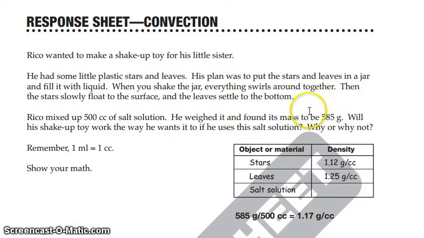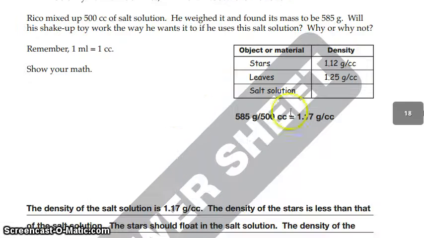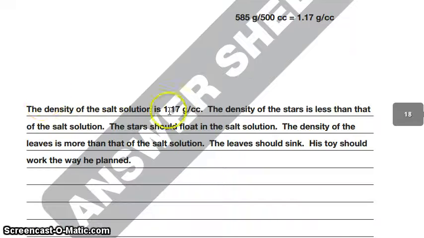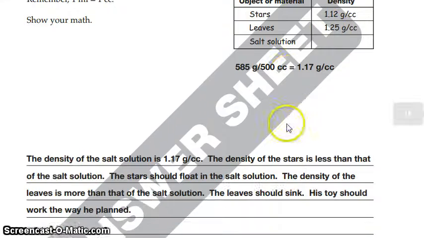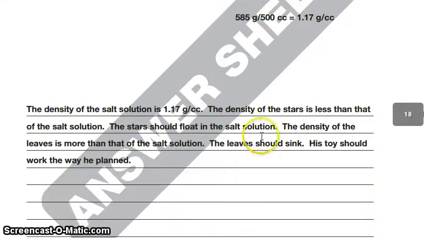When we divide the mass 585 by the volume 500 milliliters, we get a density of 1.17 grams per cubic centimeter or milliliter. And we find out that the solution will work for his sister's toy because the density of the stars is less than the salt solution, and the leaves have a greater density than the salt solution, so the leaves will sink and the stars will float.